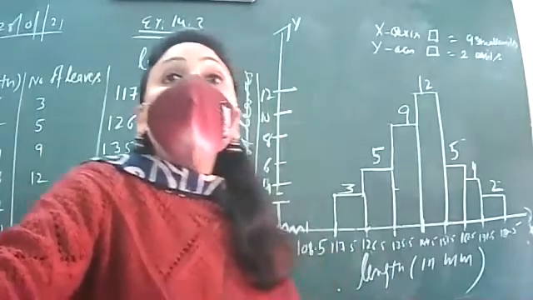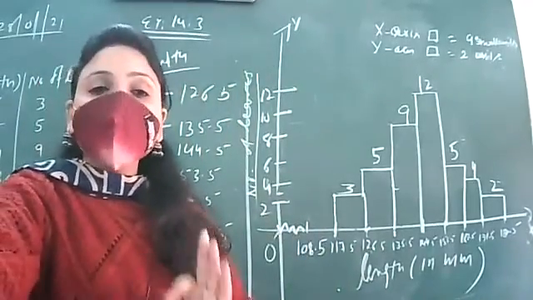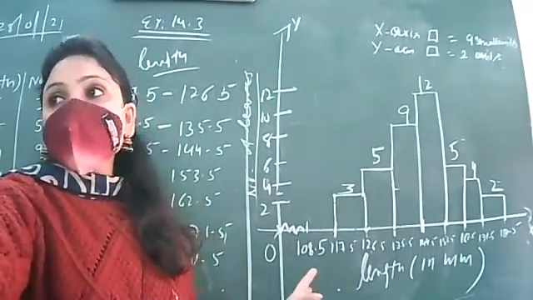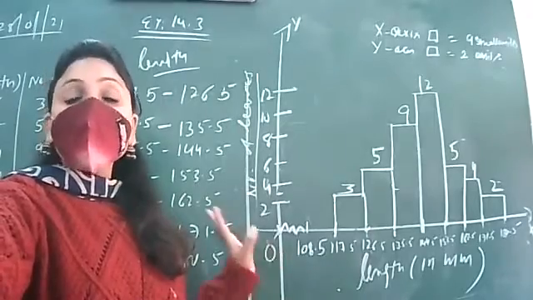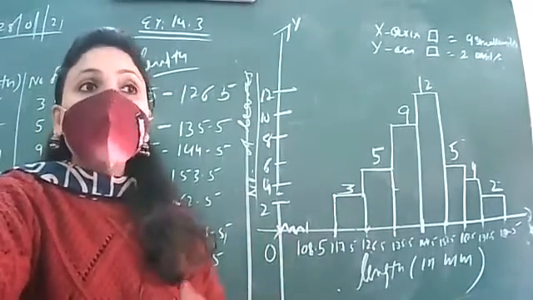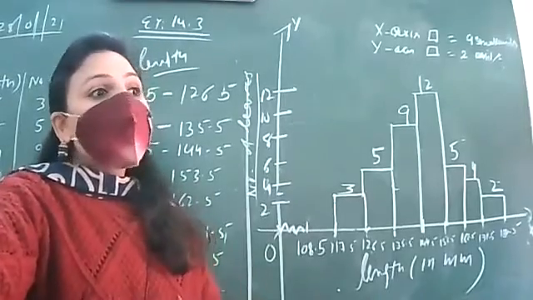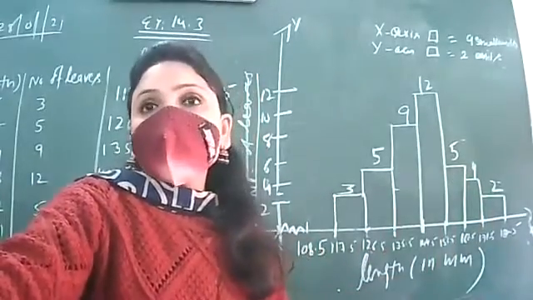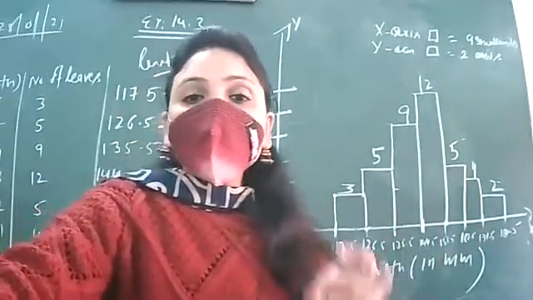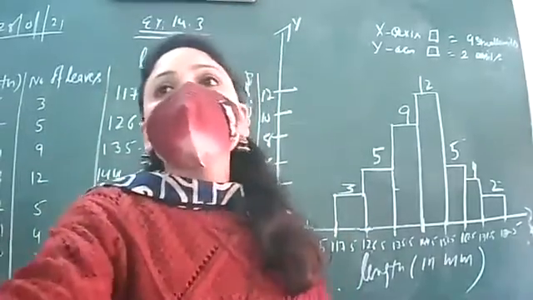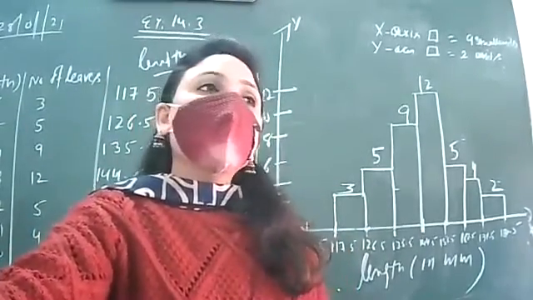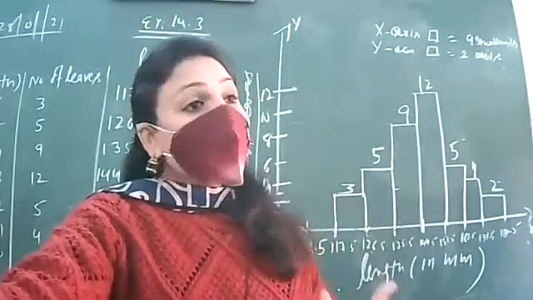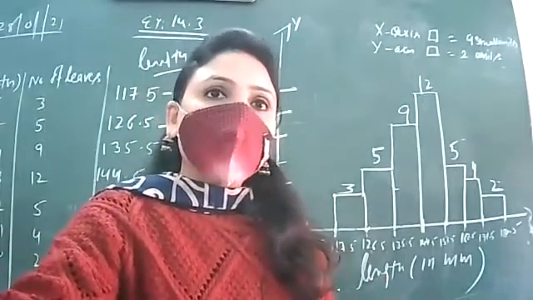Bars के बीच में कोई gap नहीं है. अगर आपने पेपर में intervals को ध्यान से judge नहीं किया तो you can lose 5 or 4 marks directly, because when you will draw the histogram directly without observing the type of the intervals, and if the intervals are in inclusive form, you will see that in case of histogram the bars will not be adjoined, and that time your question will not be checked even, just a big cross will be there, because that is the biggest disappointment to the teacher, that a student is not knowing that in histogram between the bars there should be no gap and they should be adjoined, right?